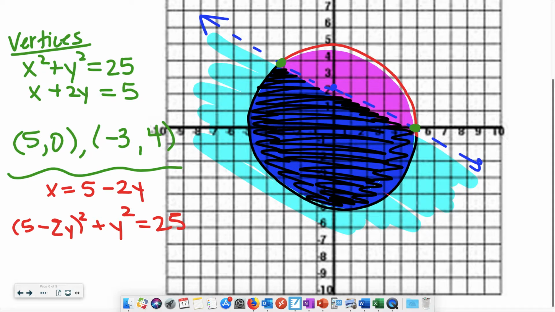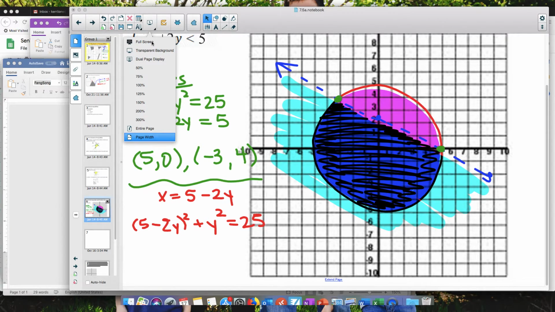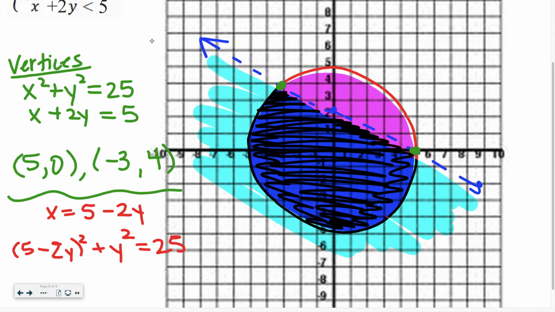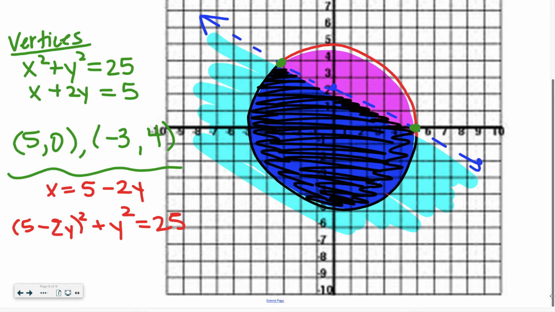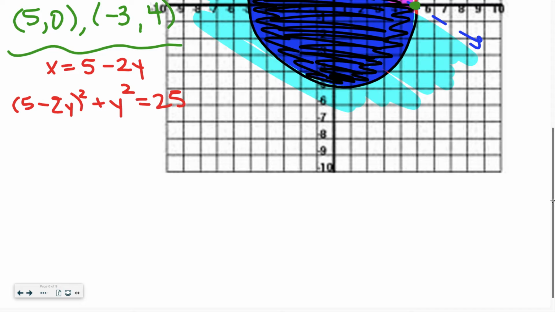If we wanted to do the algebra here, we would have 25 minus 20y plus 4y squared for this. If I FOIL that out, we get this, plus y squared equals 25.